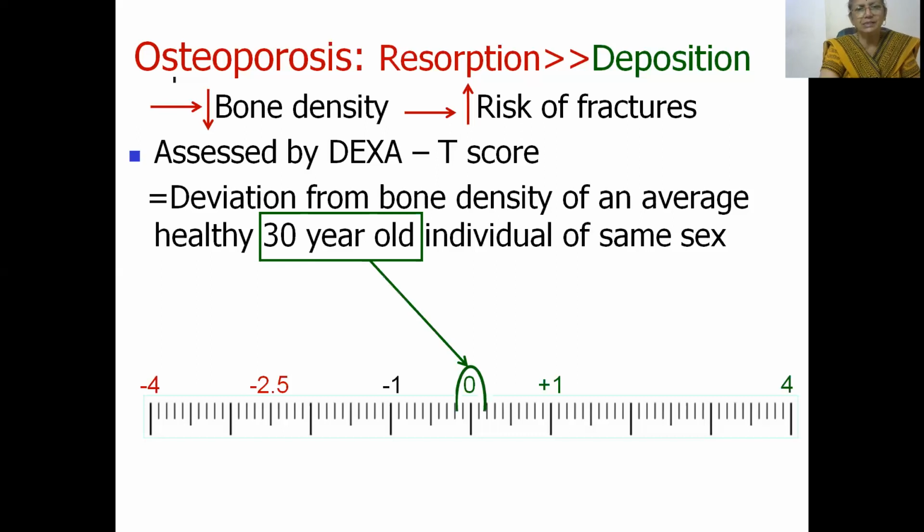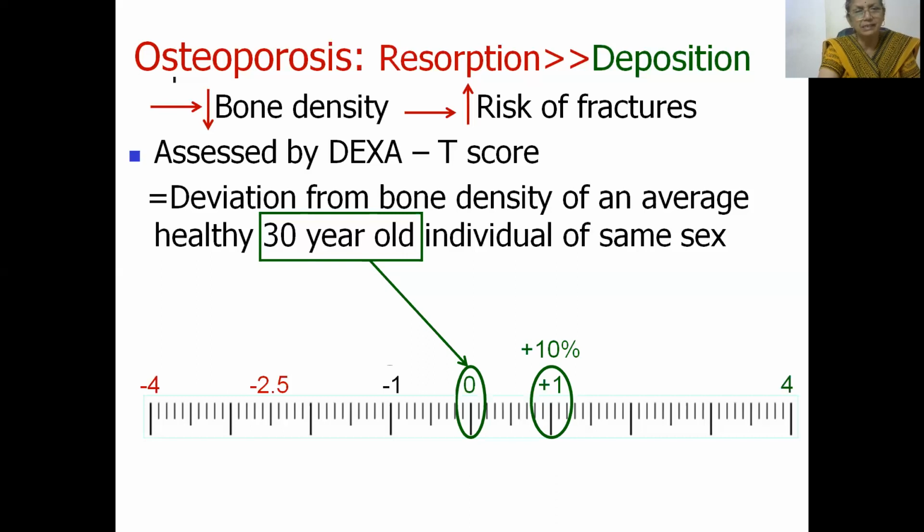So average bone density of a 30-year-old, suppose it is considered as 0, then a T-score of plus 1 indicates that this individual has about 10% greater bone density than this average standard, because one standard deviation is about 10 to 12%. So it is 10%, we can say, greater than the average bone density of a 30-year-old individual of the same sex.